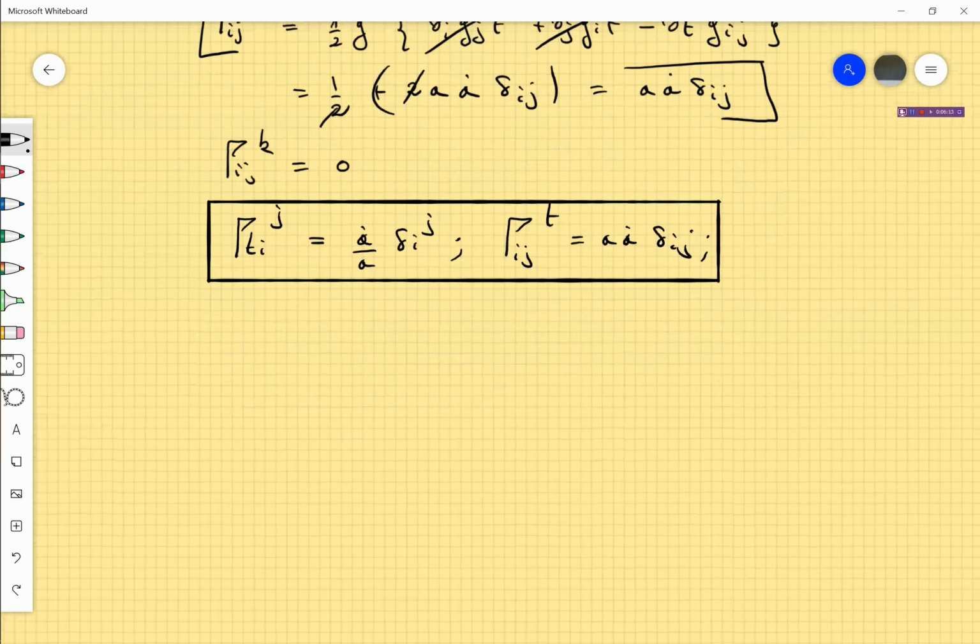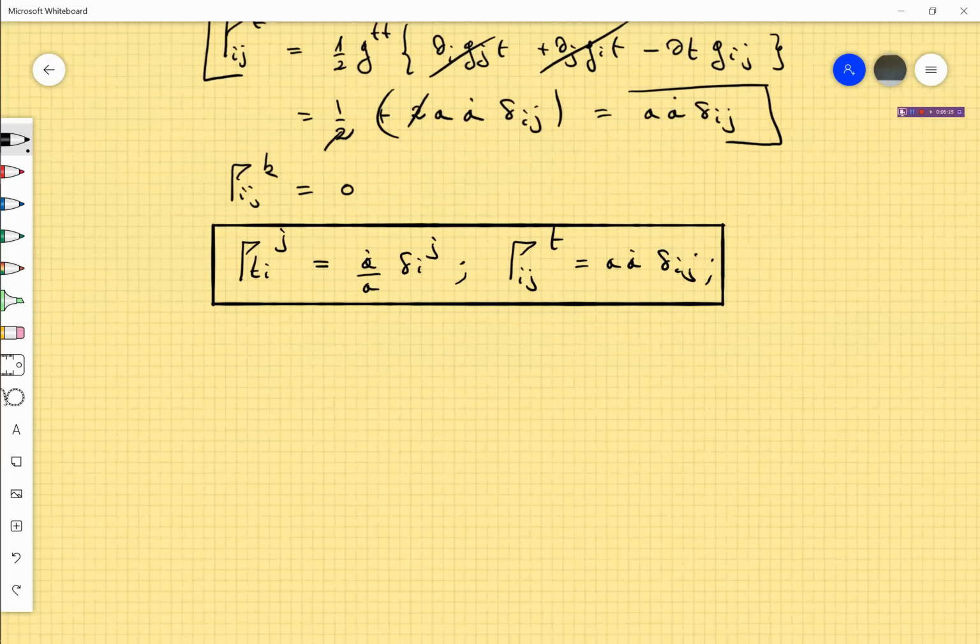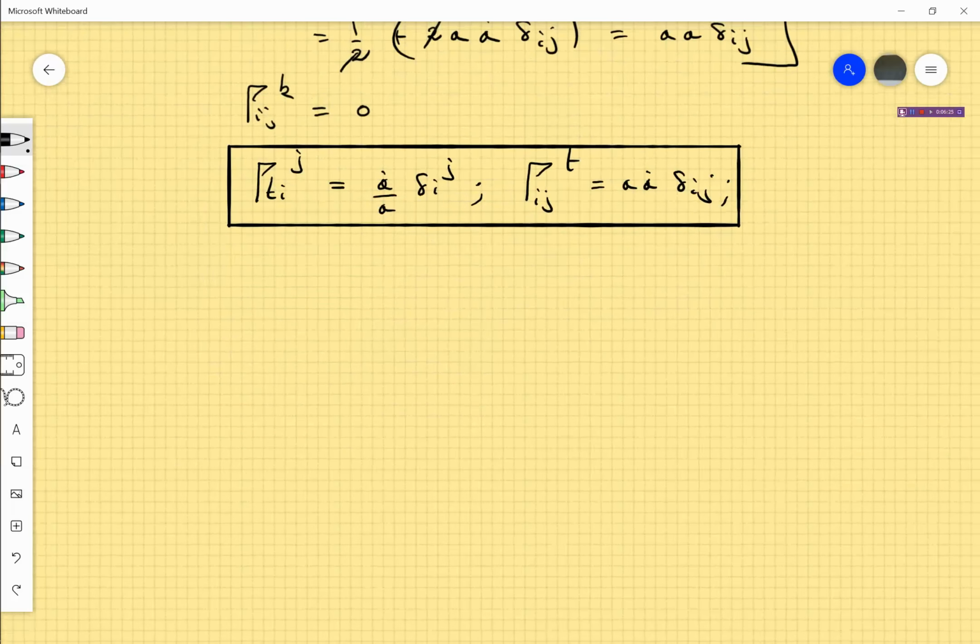Good. Well, it would be nice to have a possibility to check the result. We can repeat the calculation, but we can run a quick test that doesn't tell you that all the components are correct, but at least it could find if some of them are wrong. And the test consists in checking that this property is satisfied.